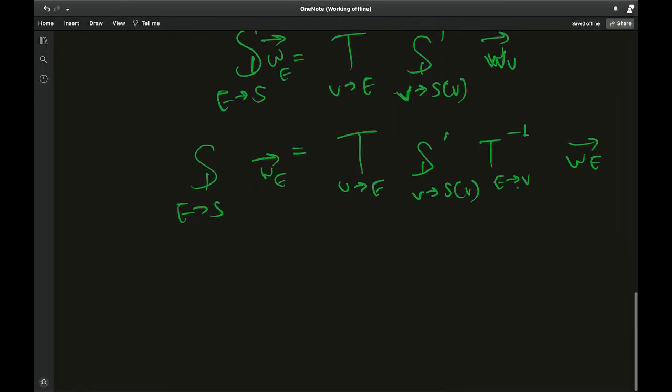Now the advantage of this is that we have the same input, E, on both sides. So just ignore this test vector W of E we took. We're interested in the matrices now.